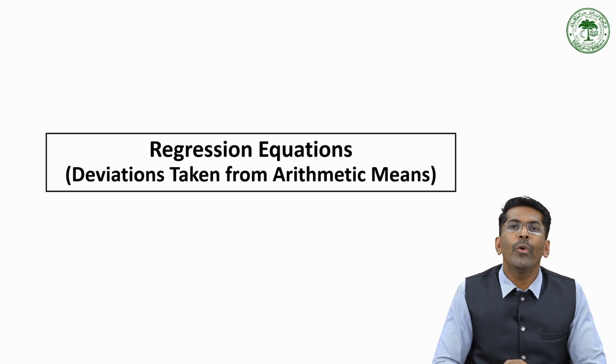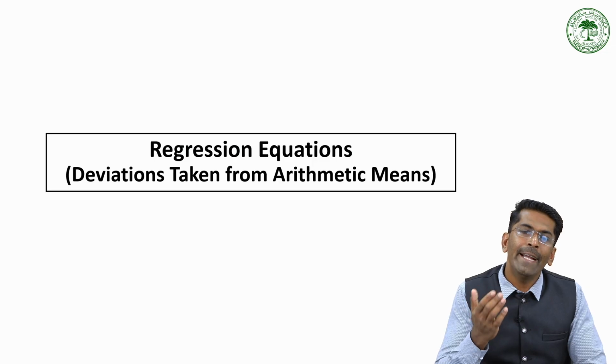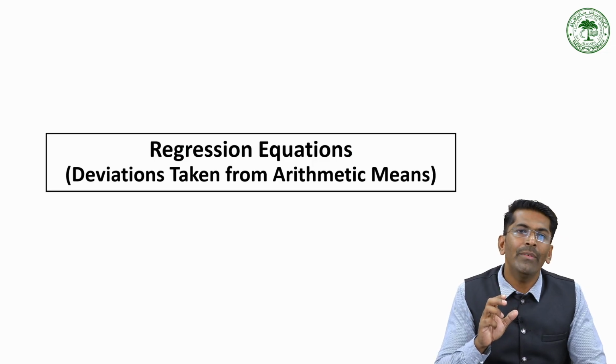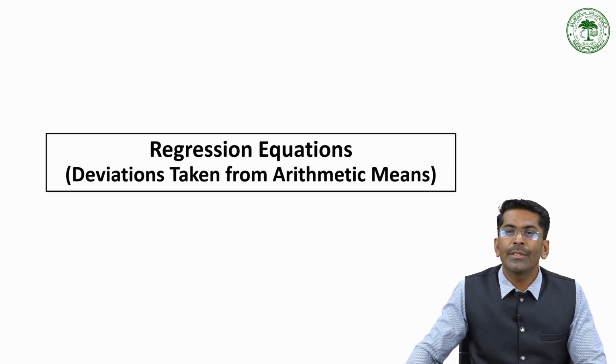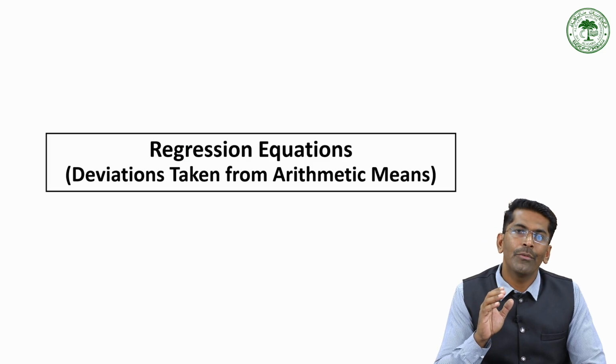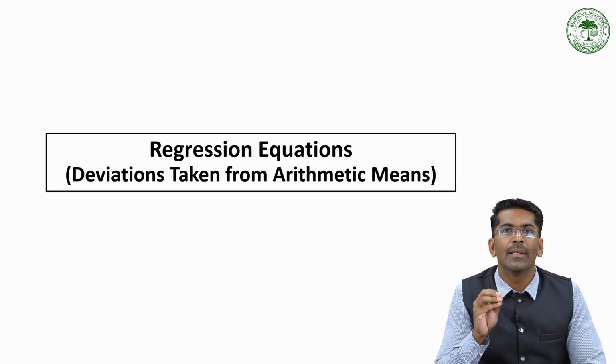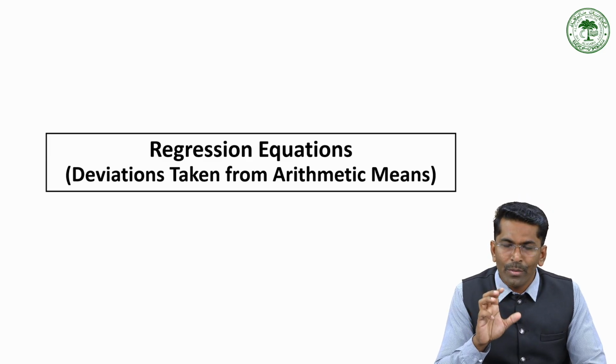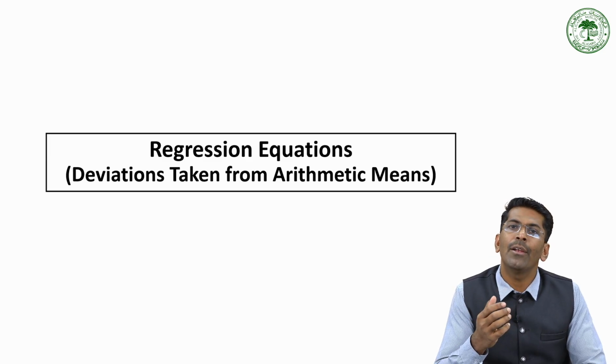Today we are going to move one step further and discuss the regression equation through deviation taken from the arithmetic mean. In this approach, instead of directly working with the actual values of x and y, we calculate using the deviations of x and y from their respective means. Moreover, the normal equation method is very tedious because we need to solve simultaneous equations, especially for getting the values of alpha and beta using large sums.